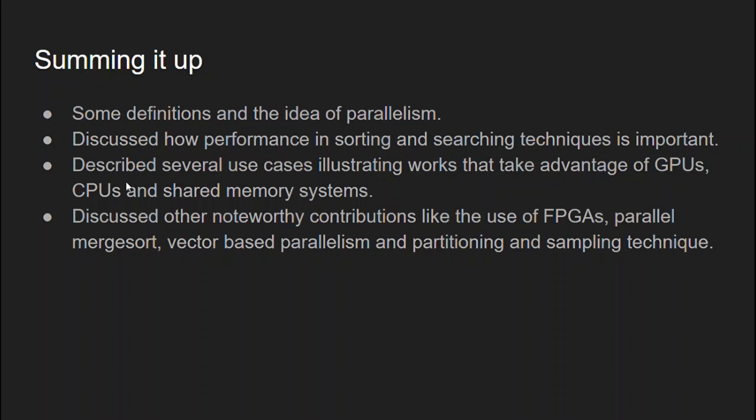We then looked into several use cases illustrating past works that take advantage of graphical processing units, central processing units, and shared memory systems. We then went into discussing other noteworthy contributions like the use of field programmable gate arrays, parallel merge sort, vector-based parallelism, and partitioning and sampling technique.